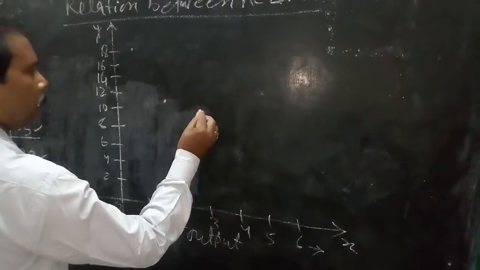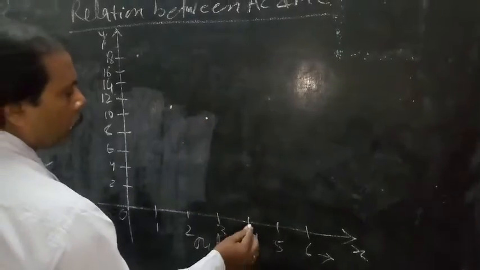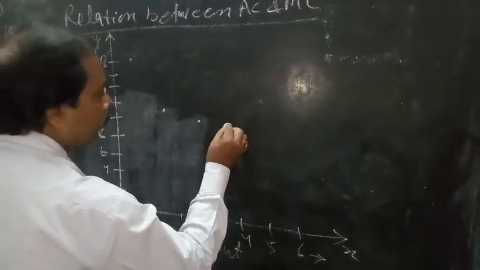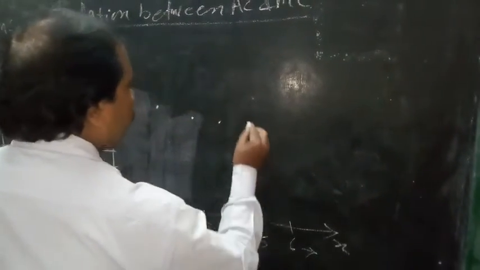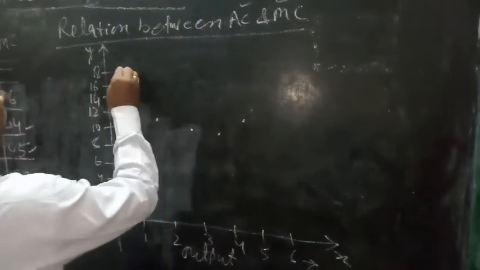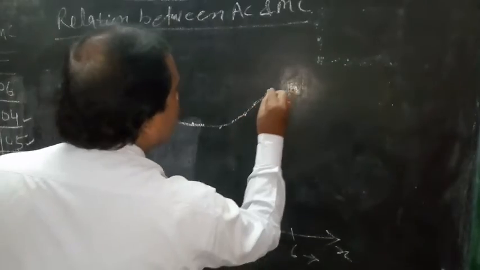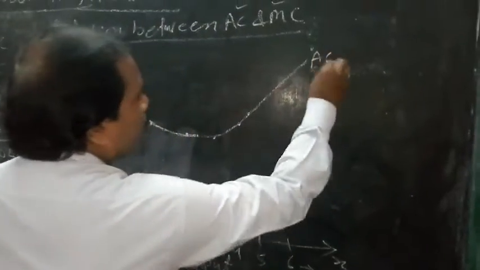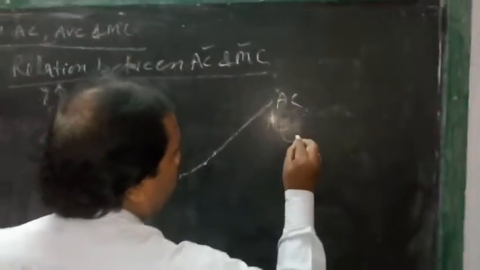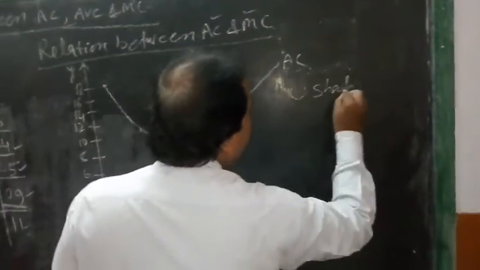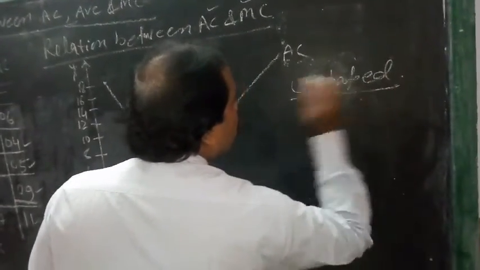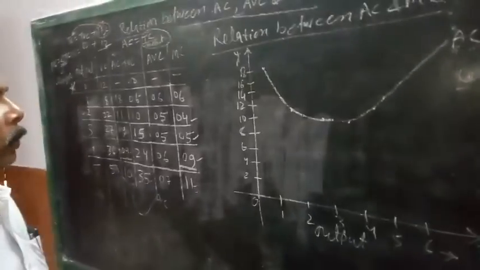Is it clear? So suppose this is 9, on the fourth again it is 9 and on the fifth it becomes 10. So this will be the shape of the AC. So AC makes a U-shape. Clear? The shape of the AC will be U-shape.